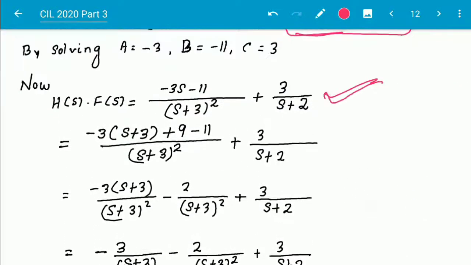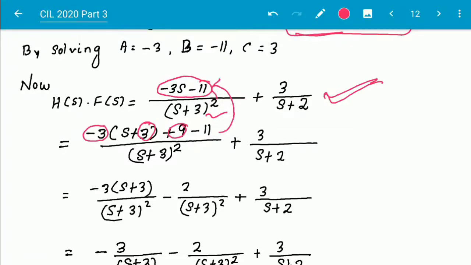So what I have done here, I have minus 3s minus 11, and I have written it like minus 3 into s plus 3, because in the denominator there is s plus 3, plus 9 minus 11. Here minus 3 multiplied by 3 will be minus 9, and here is plus 9, which will be 0, and there will be minus 11, which is equal to the previous value.